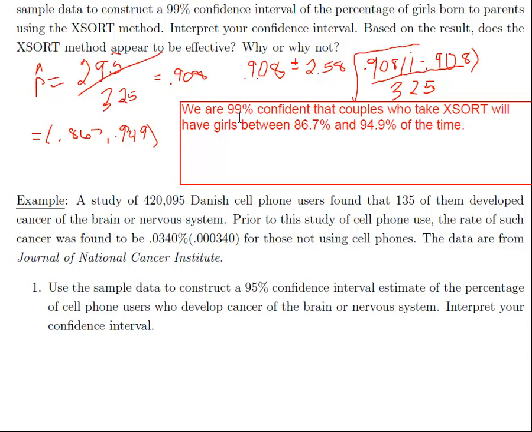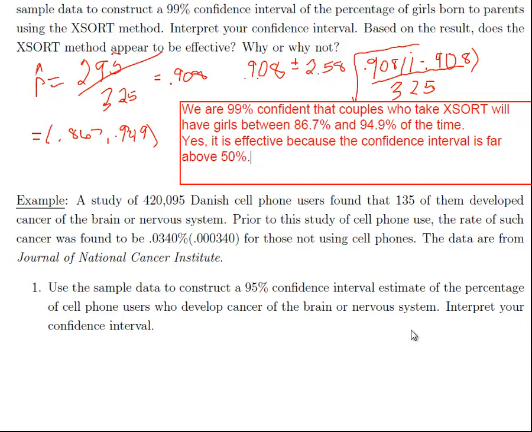I usually change my proportion to percent in my interpretation, and I want to mention my confidence level. And then the last question, does this method seem effective? We would answer yes, it is effective because the confidence interval is far above 50%, which is what normally happens when you don't take the XSORT method.